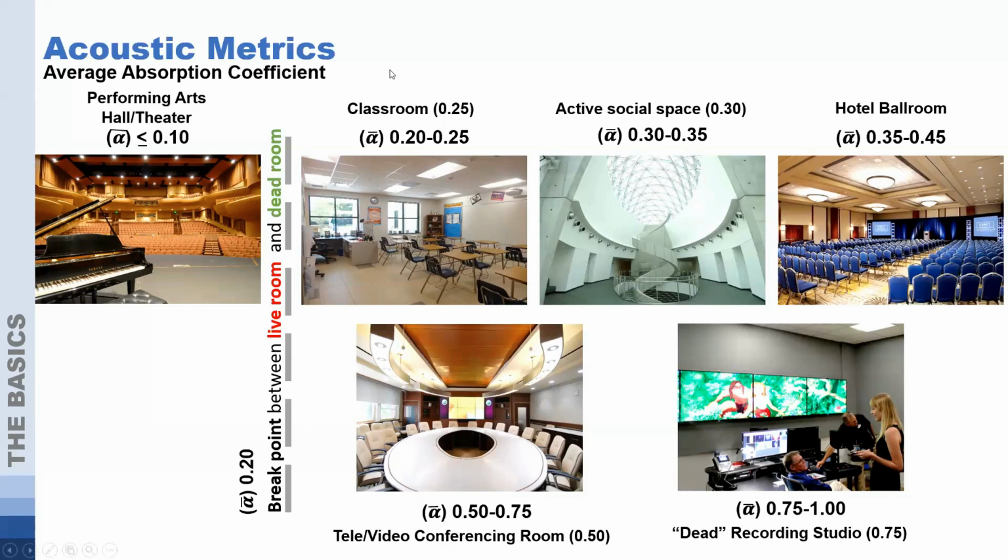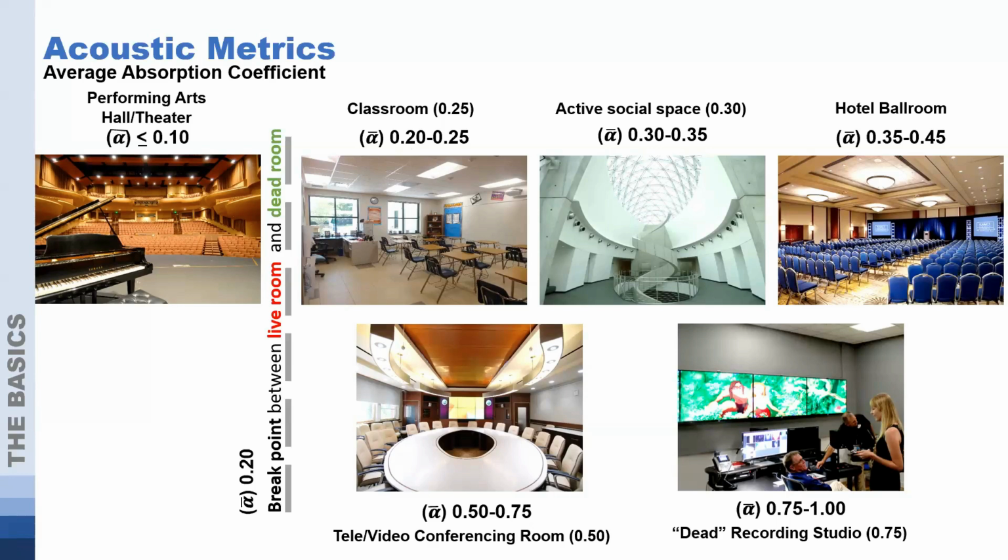So classrooms have typical alpha bars ranging from about 0.2 to 0.25 or so. Active social spaces, maybe if they are absorbent, which is ideal, would be 0.3 to 0.35. When we have spaces like hotel ballrooms, where most of the room surfaces are fairly absorbent, we might get an alpha bar of 0.35 to 0.45.